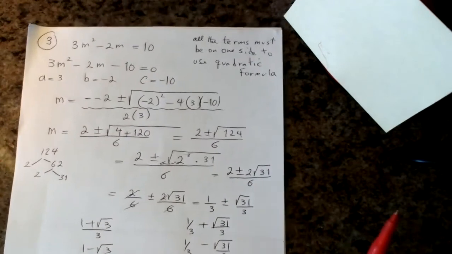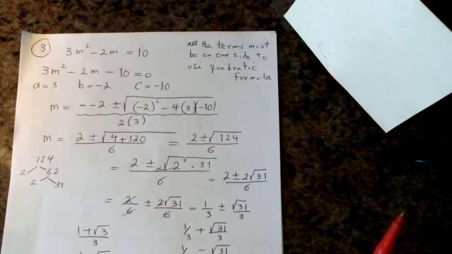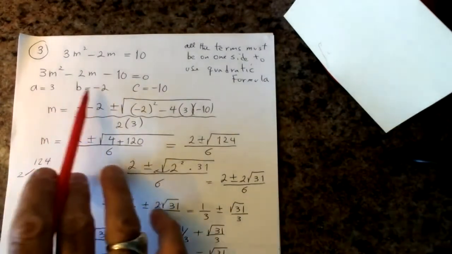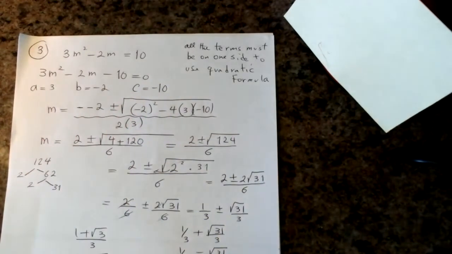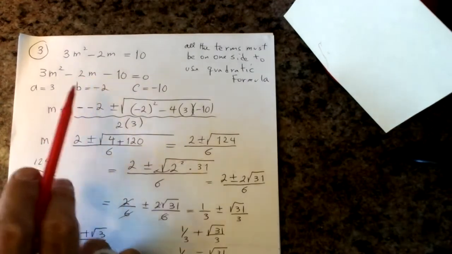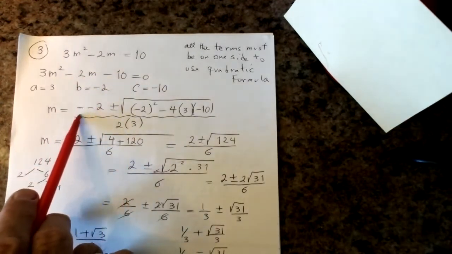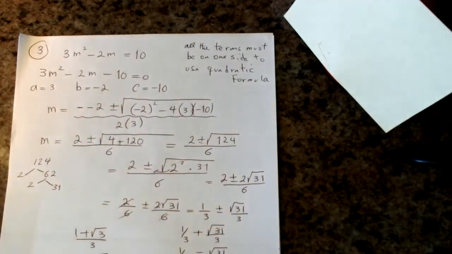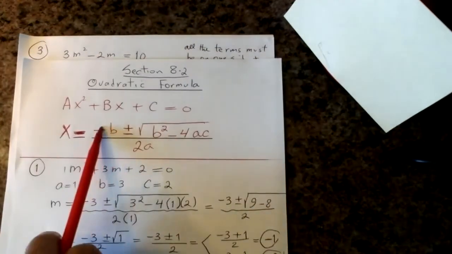Look at this one: a, b, c. Here, you see how b is a negative number? But in the formula, we have negative b.